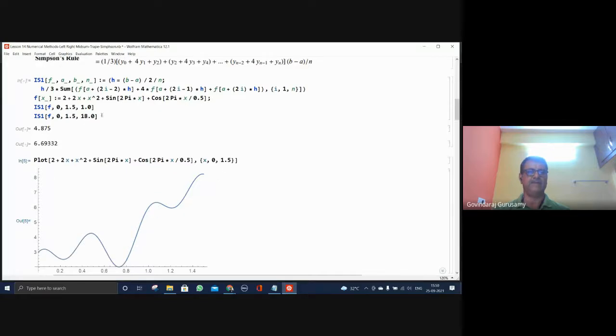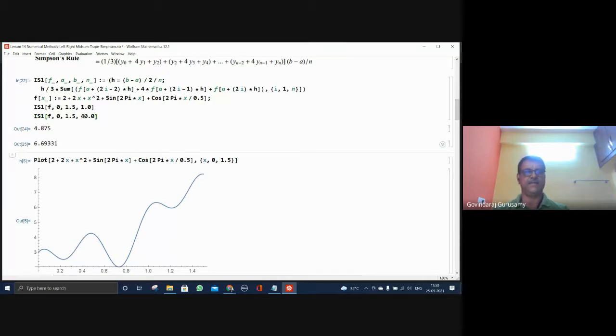Suppose I make this, this is the number we are getting directly. Suppose I make it 50, 6.69. Then go to 150. Yes, we are almost saturated now. Maybe even at 50 itself we have reached that number. And if I try 40 again, we may end up with the same number here.